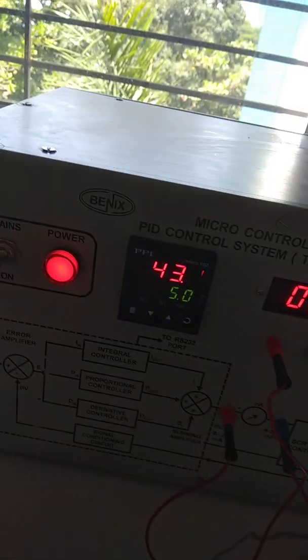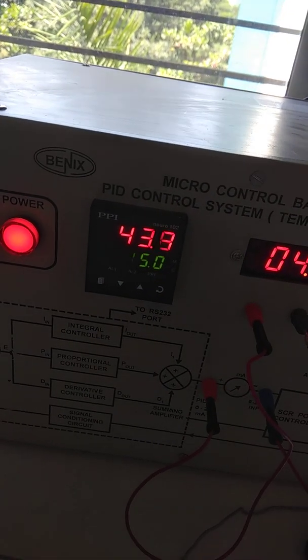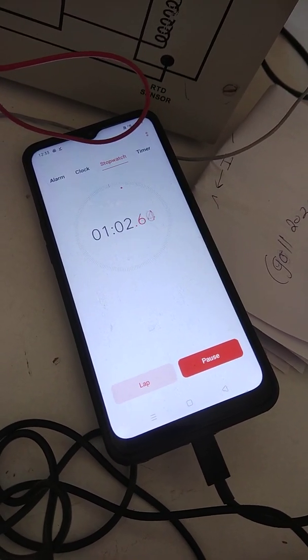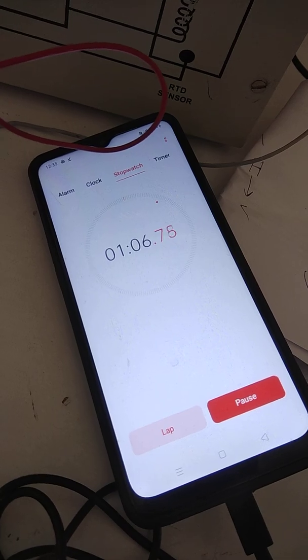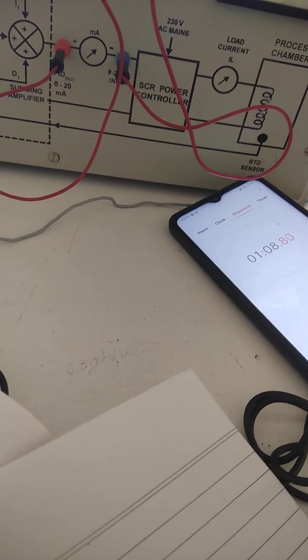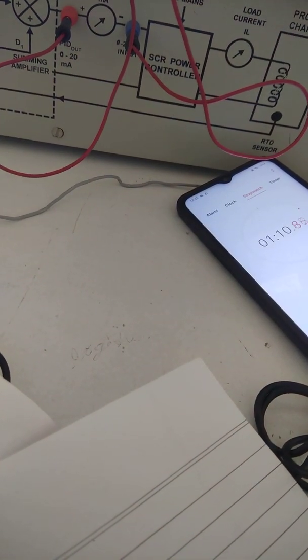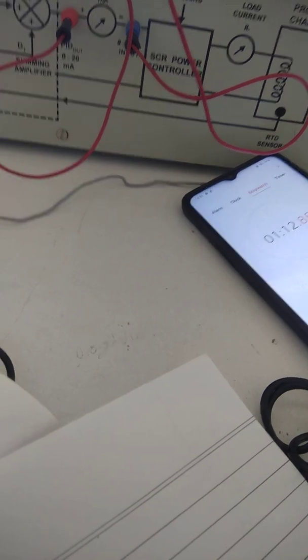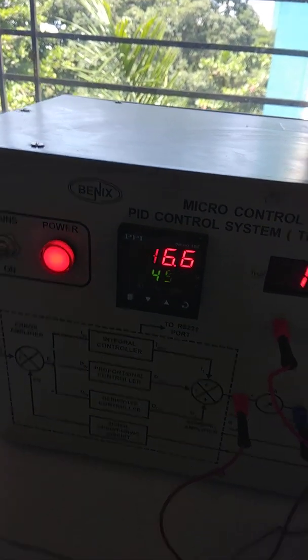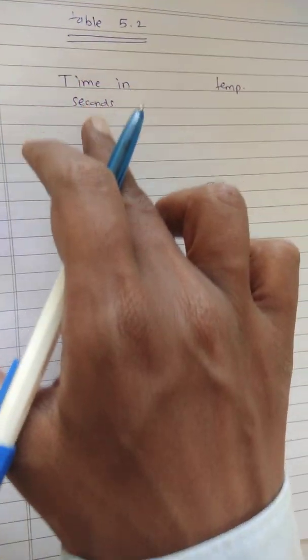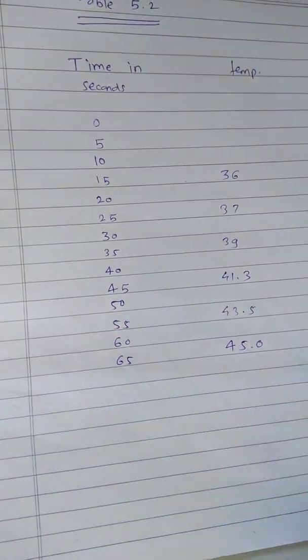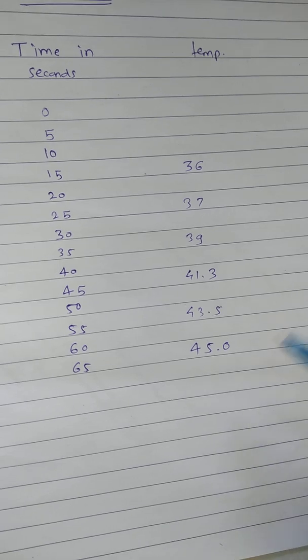At 55 seconds, temperature is 43.5. This value is attained at 1 minute 5 seconds. So in this table, on left hand side time is written in seconds, on right hand side temperature is written.